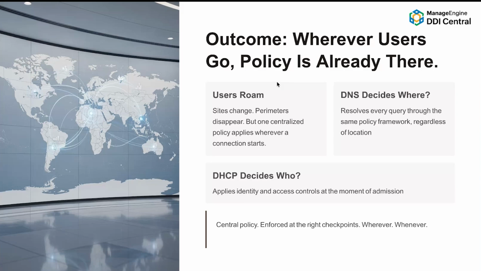So DNS decides where and DHCP decides who. With these policies implemented into your network, it enforces these centralized policies at the right checkpoints whenever and wherever needed.